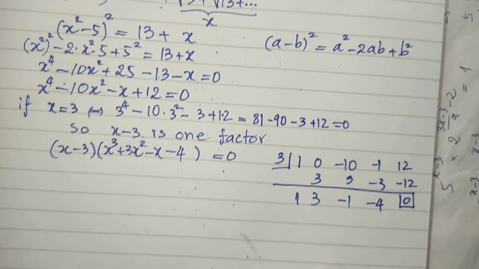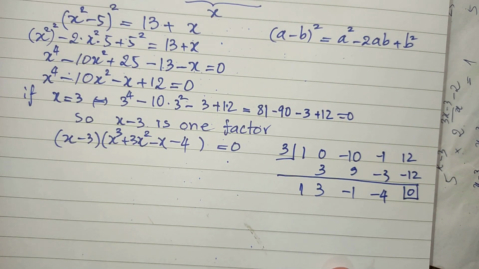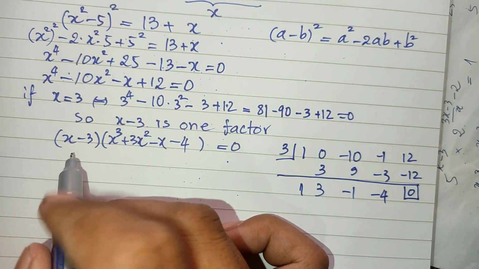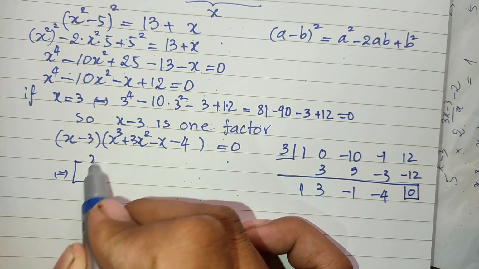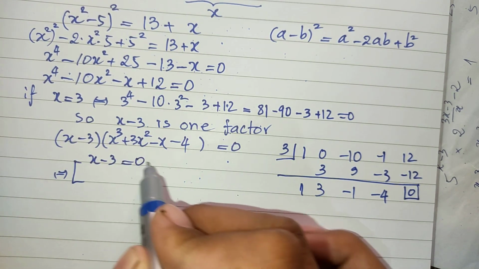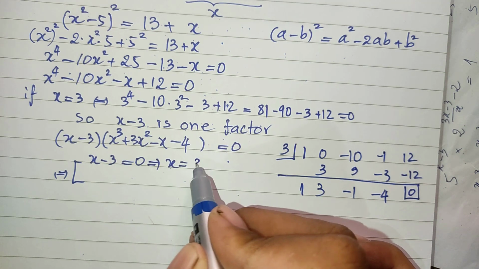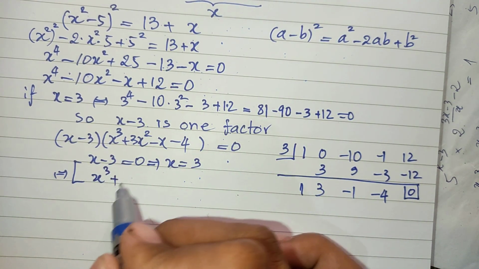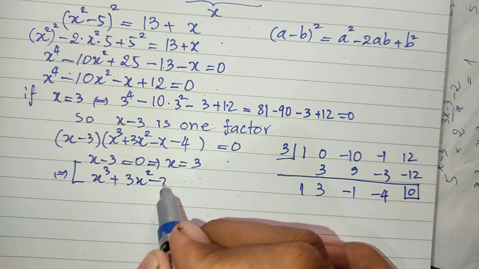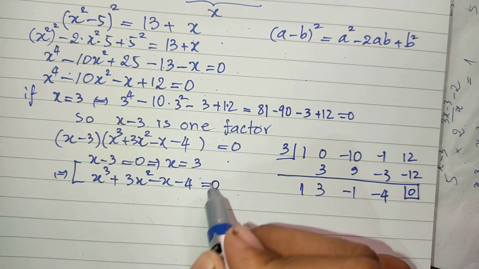So we have two factors whose product equals 0, so one factor is equal to 0 and the other factor is equal to 0. We get h minus 3 equals 0, so h equals 3, and h cubed plus 3h squared minus h minus 4 equals 0.